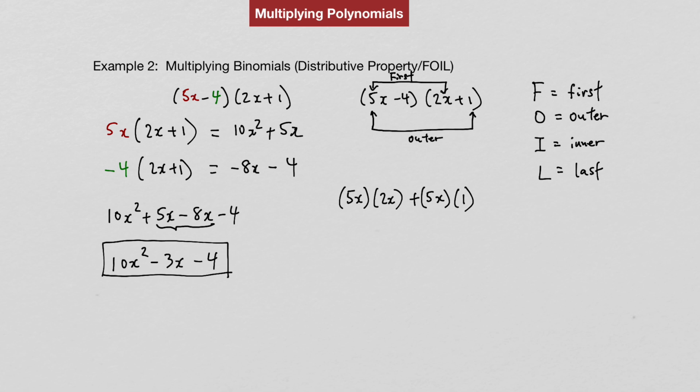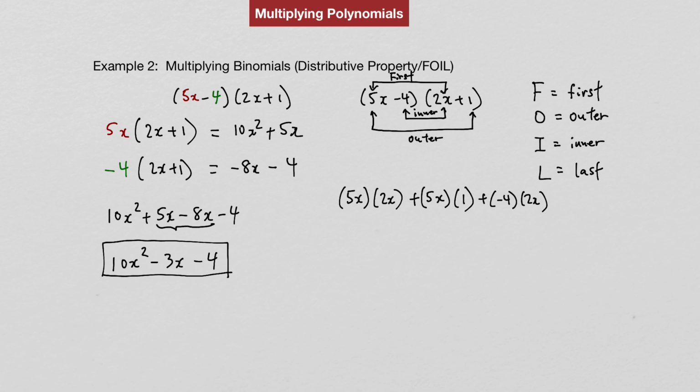And then we will multiply the inner terms, and that would be negative 4 and 2x. And then we would multiply the last terms.